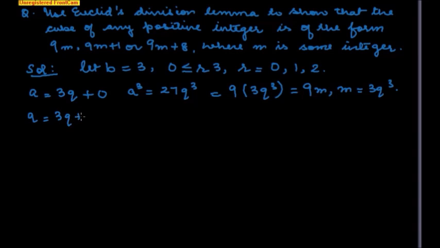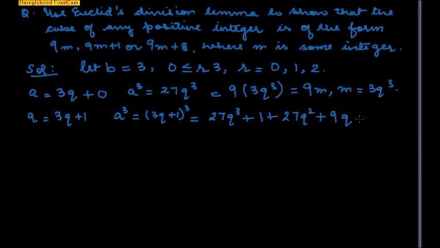I take the next case where a is equal to 3q plus 1. I cube both the sides and I get 3q plus 1 whole cube. This is equal to 27q cube plus 1 plus 27q square plus 9q.